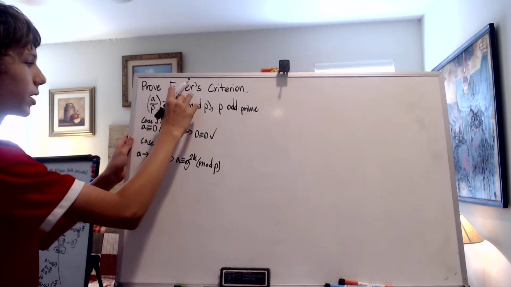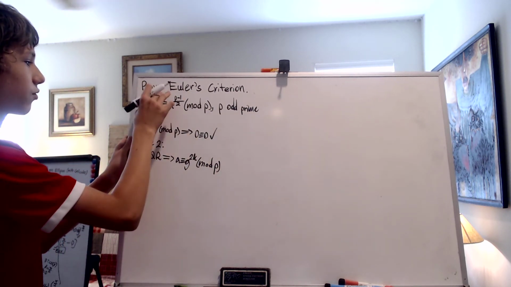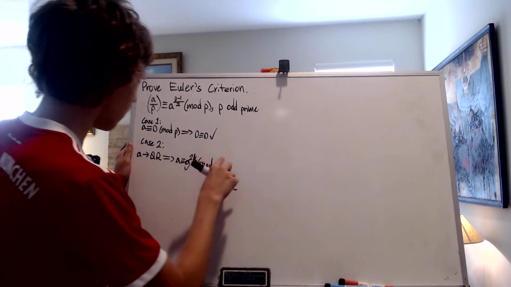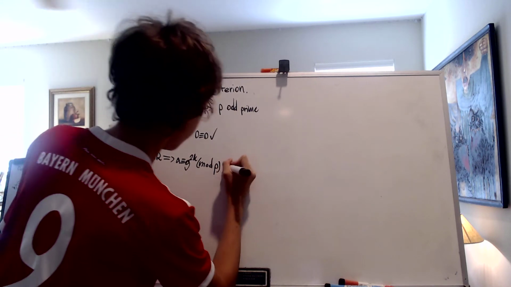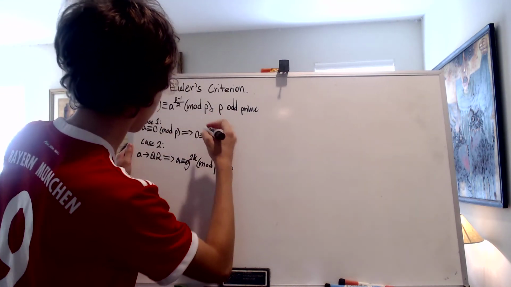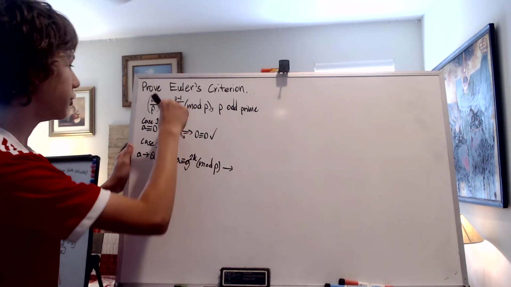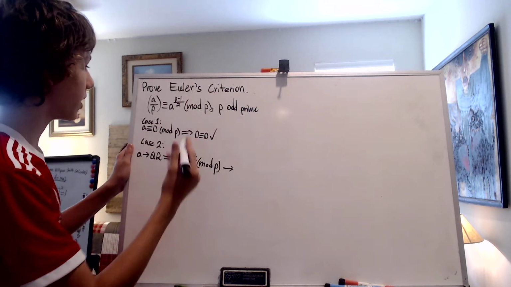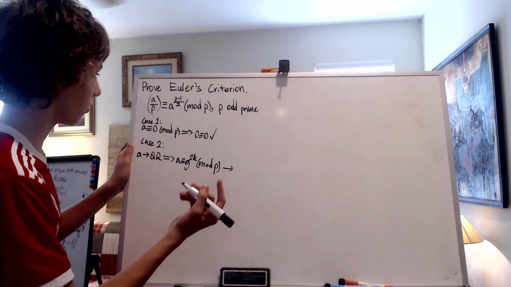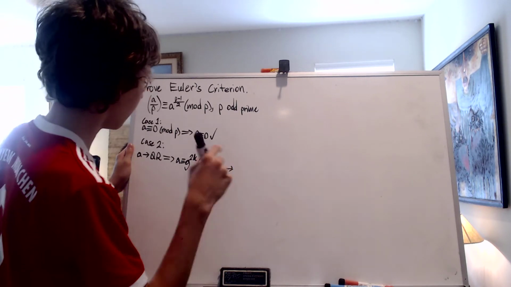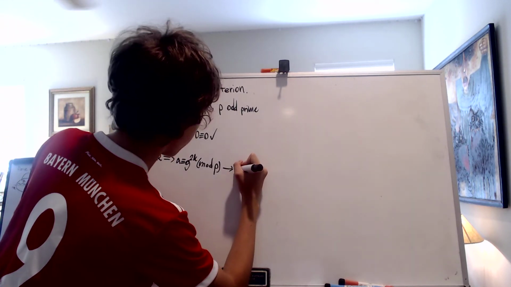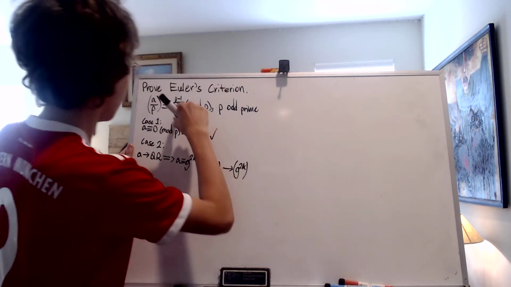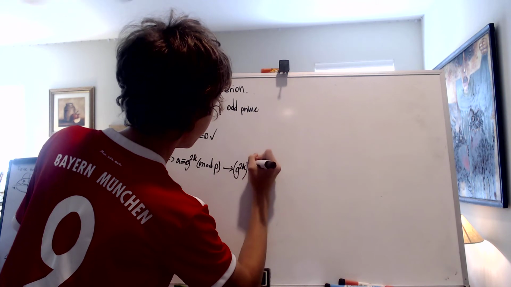So notice that we're working from this side to this side and trying to see if these are equal. When we plug that in, we're going to get g to the 2k, all to the (p minus 1) over 2.